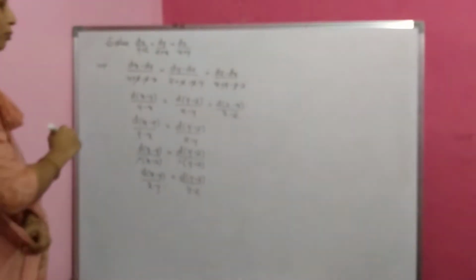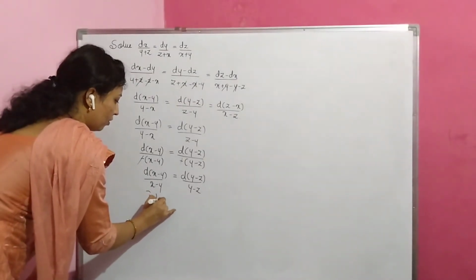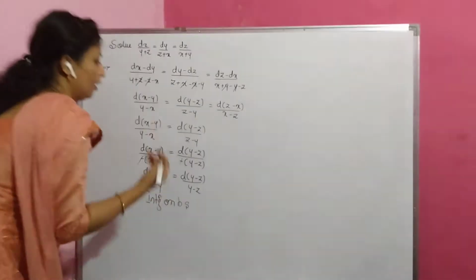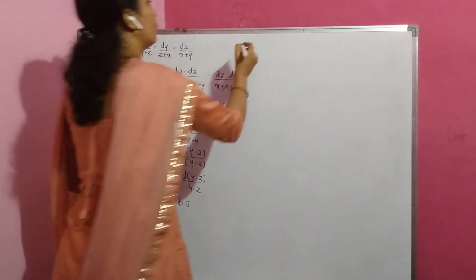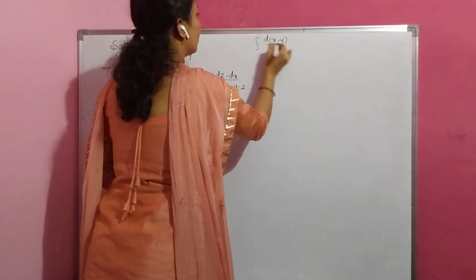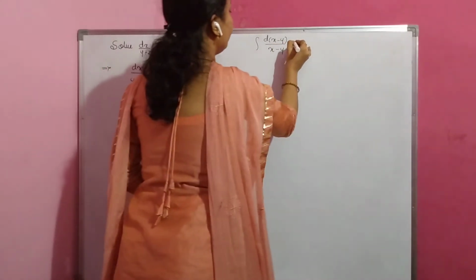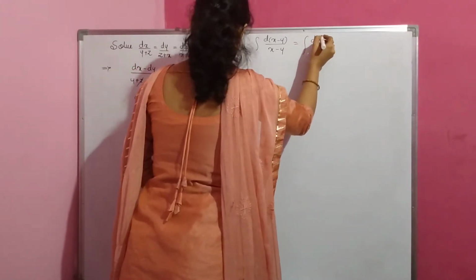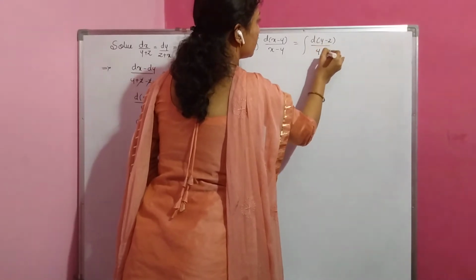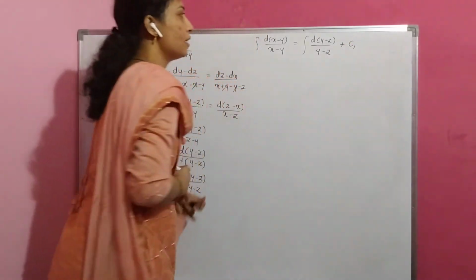Now integrating on both sides, we get the integral of d of x minus y divided by x minus y is equal to the integral of d of y minus z divided by y minus z plus an integral constant, that can be written as c1.